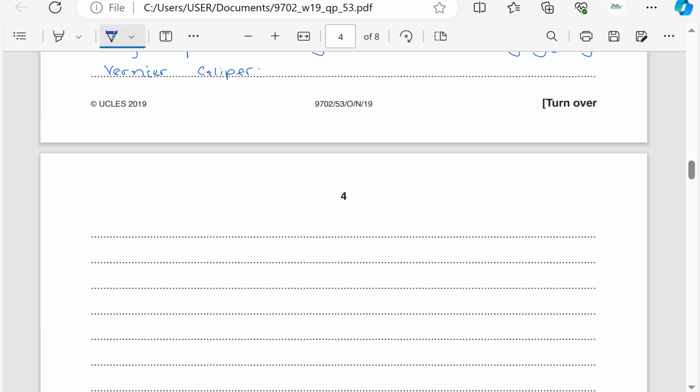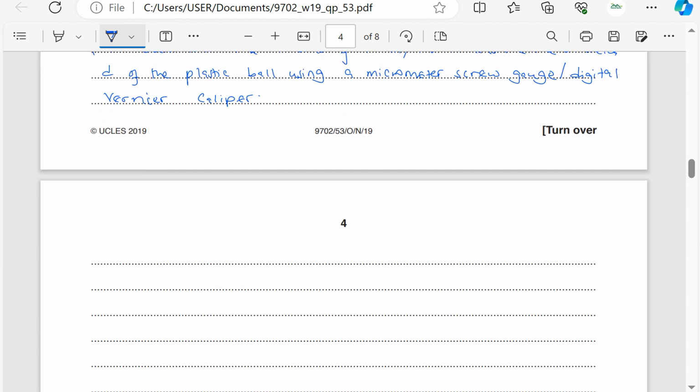Okay, so I'm still on the same point of diameter. So how will I find the radius? This is a continuation of 4.